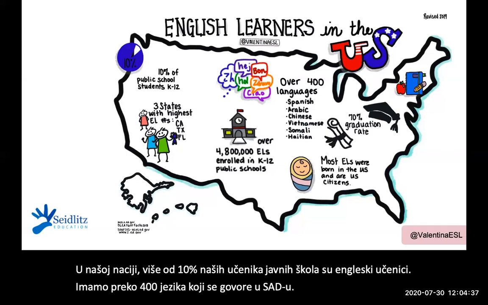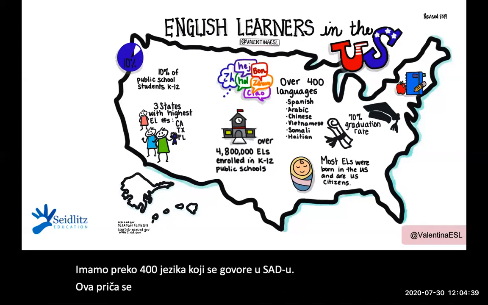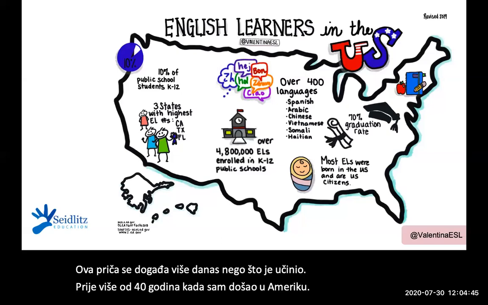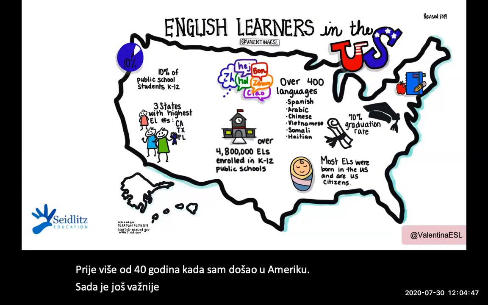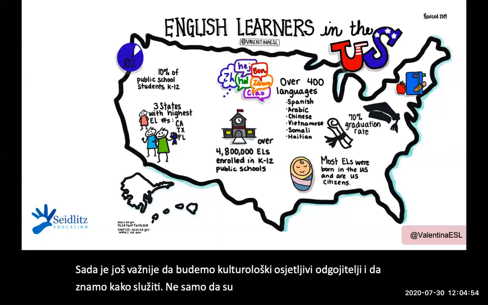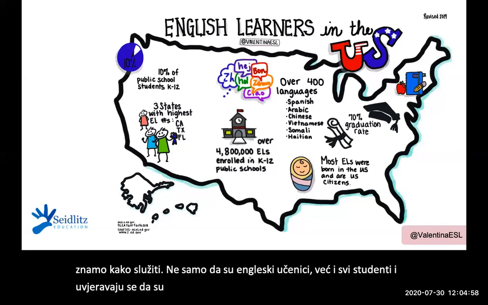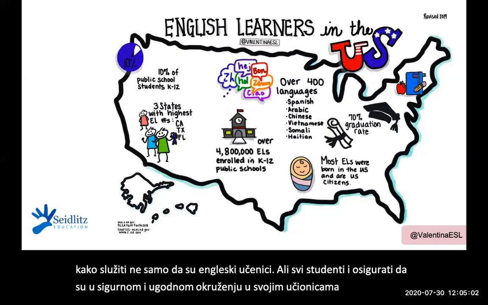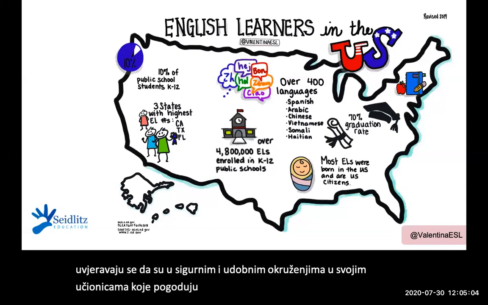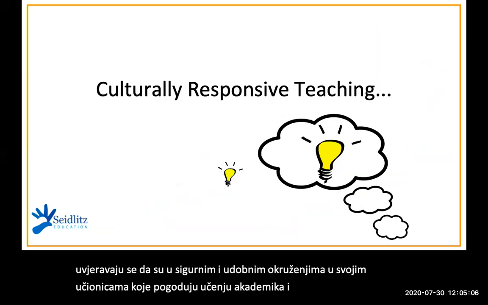This story happens more today than it did over 40 years ago when I came to America. It's even more important now for us to be culturally responsive educators and to know how to serve not only our English learners, but all students, and assure that they are in safe and comfortable environments in their classrooms that are conducive to learning academics and possibly learning a second language or a third language.